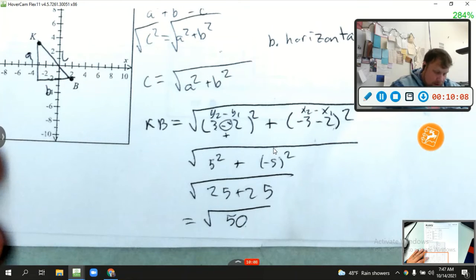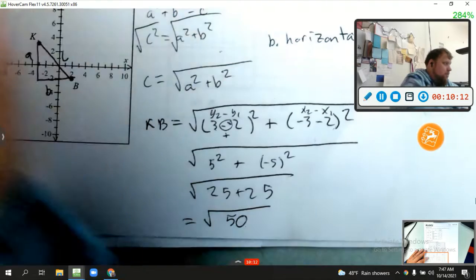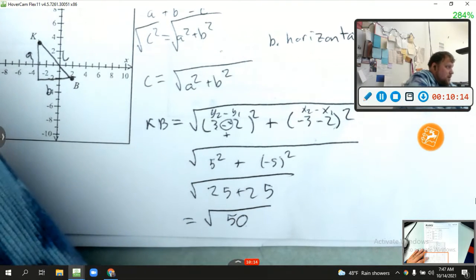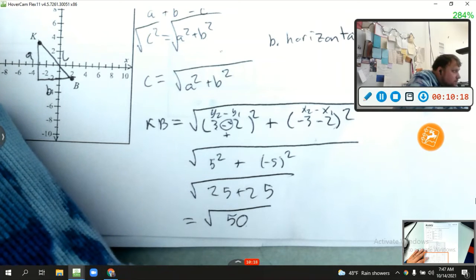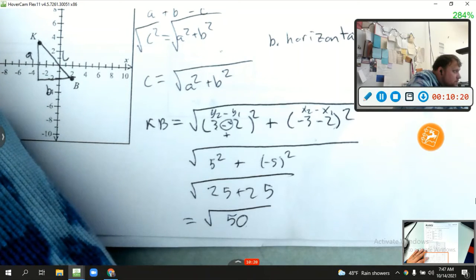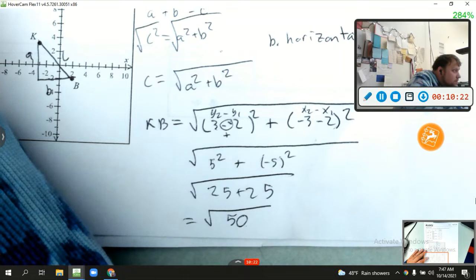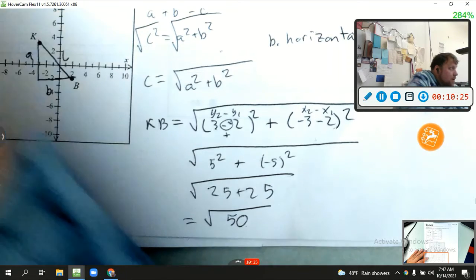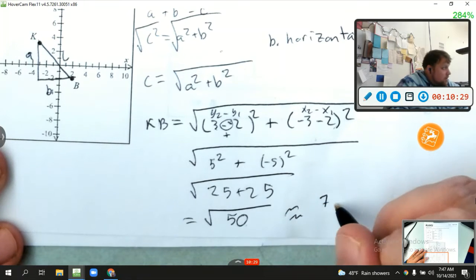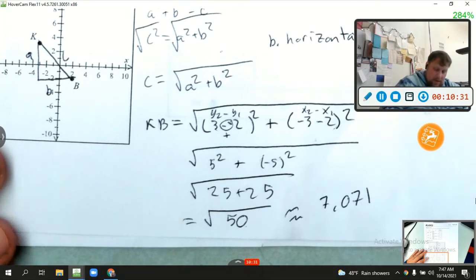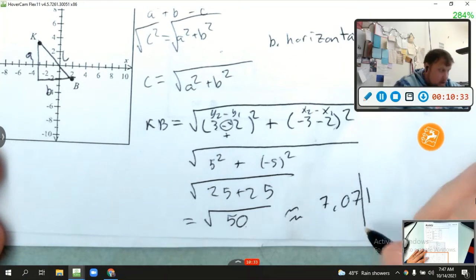Now, what does it say? Round it to the nearest hundredths? Okay, so we're going to go on a calculator. If I take the square root of 50, it comes out to approximately 7.071, and it says round it to the hundredths, so I'm going to cut it off there.